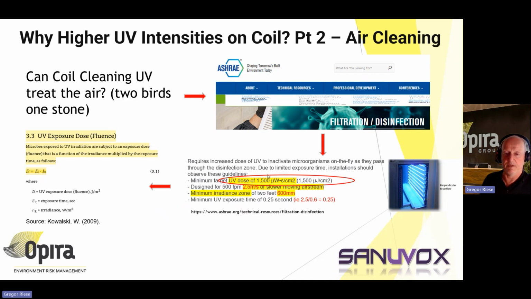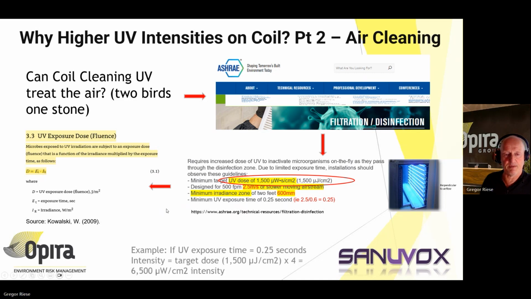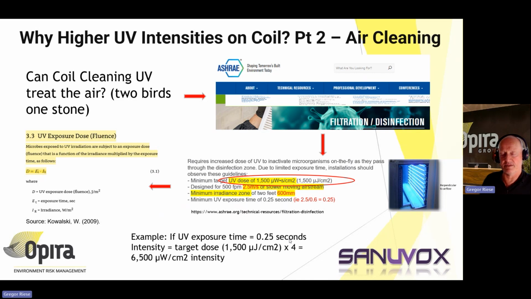For example, if you have an irradiance of 1,500 microwatts per centimetre squared for 1 second, you'll get a dose of 1,500 microjoules per centimetre squared, and that will give you a good reduction in pathogens like COVID. In this example, you've got air moving at 2.5 metres per second and a 600 millimetre irradiance zone. You basically need 6,500 microwatts to achieve that sort of dose to try to kill some of the COVID moving through your air handler.